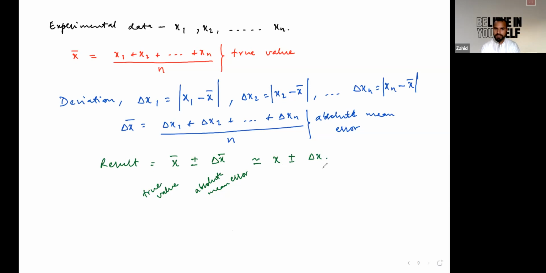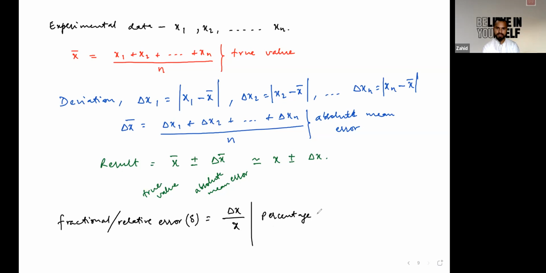Now, on the basis of these two results, you can calculate first fractional or relative error denoted by delta, which is equal to error divided by its true value. Now, if you multiply this particular term by 100, it will give you percentage error.